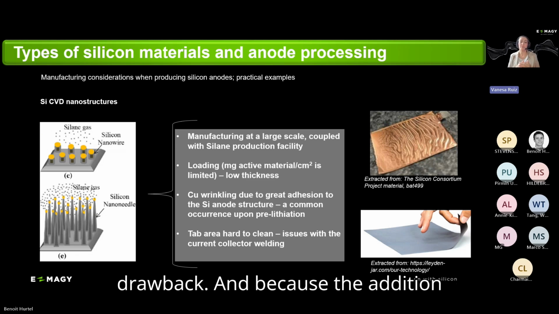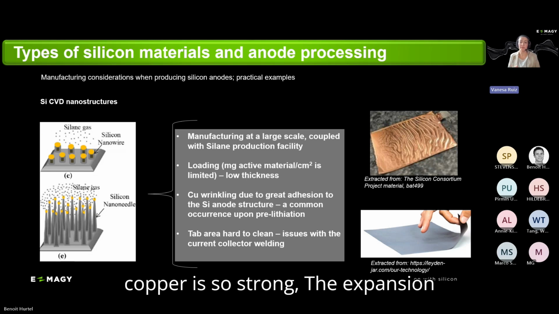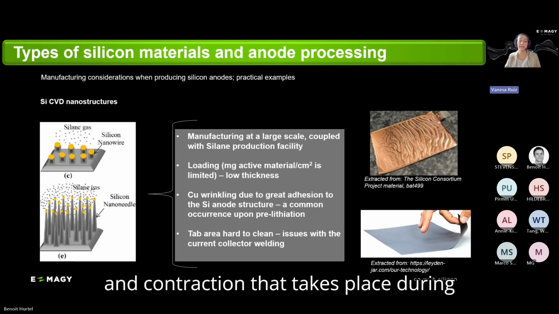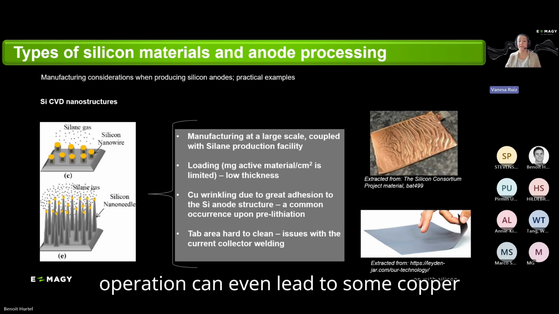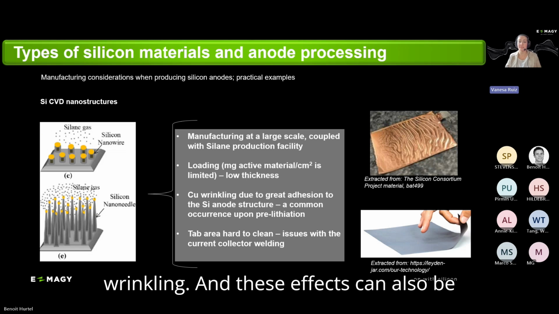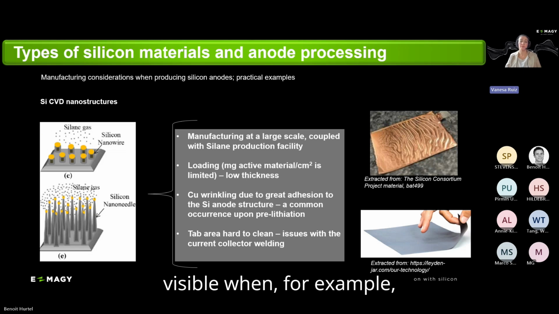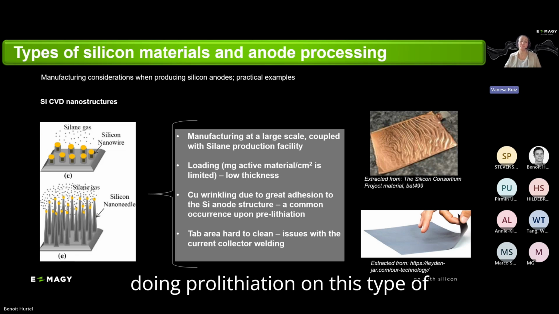And because the adhesion between the silicon material and the copper is so strong, the expansion and contraction that takes place during operation can even lead to some copper wrinkling. These effects can also be visible when, for example, doing prelithiation on this type of material.